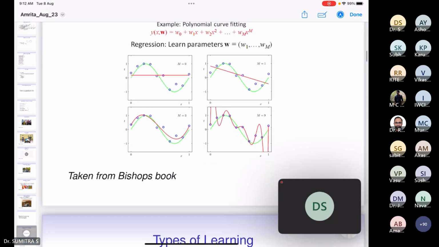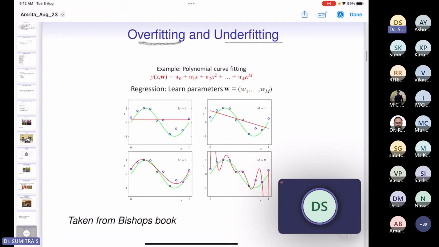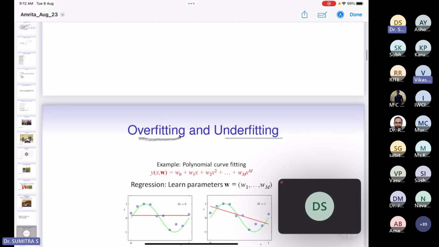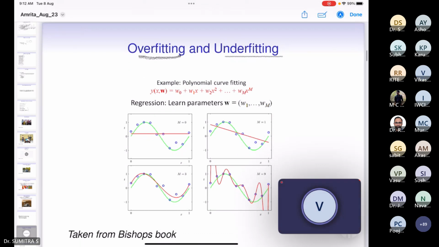Ma'am, can you change the slide? Is it the same intelligent robots slide? No, it is over. We are able to see the intelligent robots slide. Ma'am, can you reshare it once again?